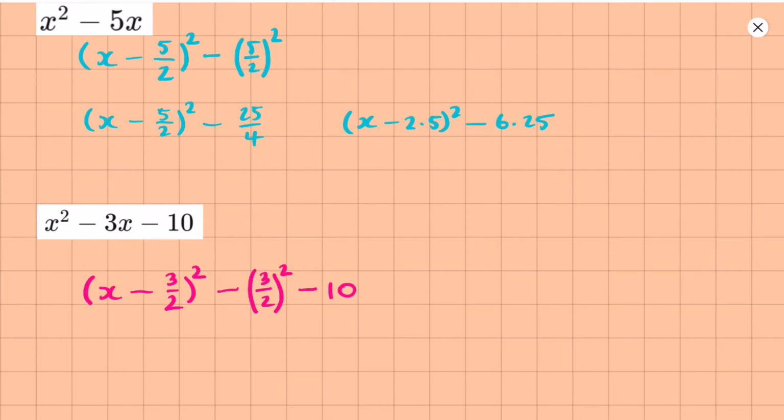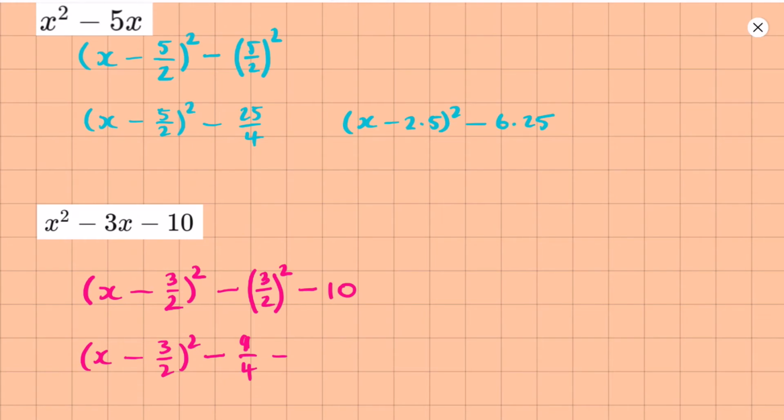And tidy it up. Now, the tip is to get the denominator the same. If you have a calculator, well, you've got a calculator, so that's it. So to sort of do it all at once, I'm going here to have 9 over 4, which I want the number at the end to be over 4 as well in order to combine it.